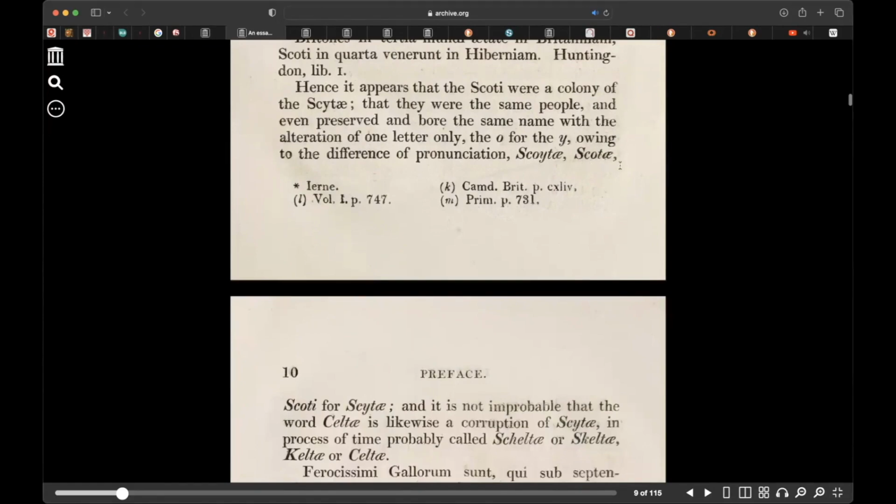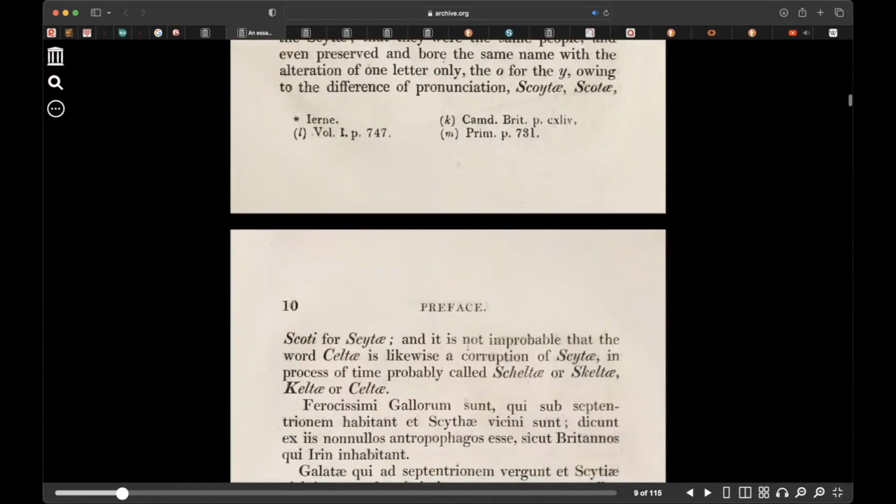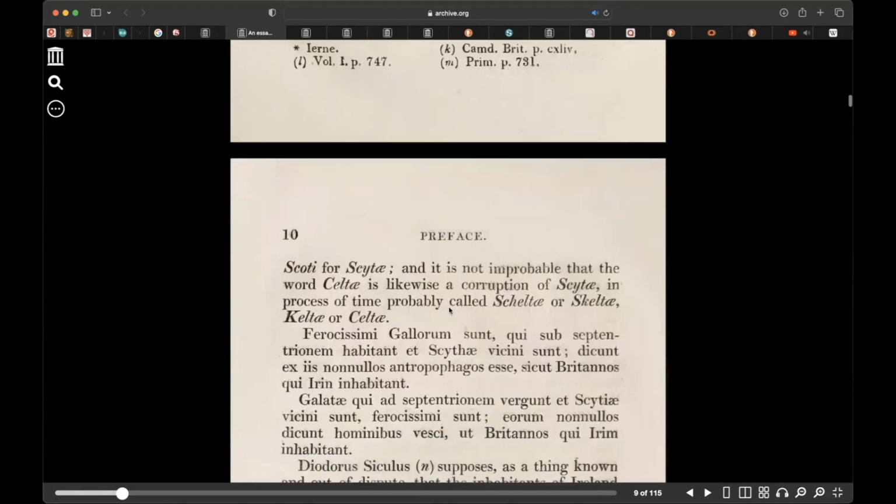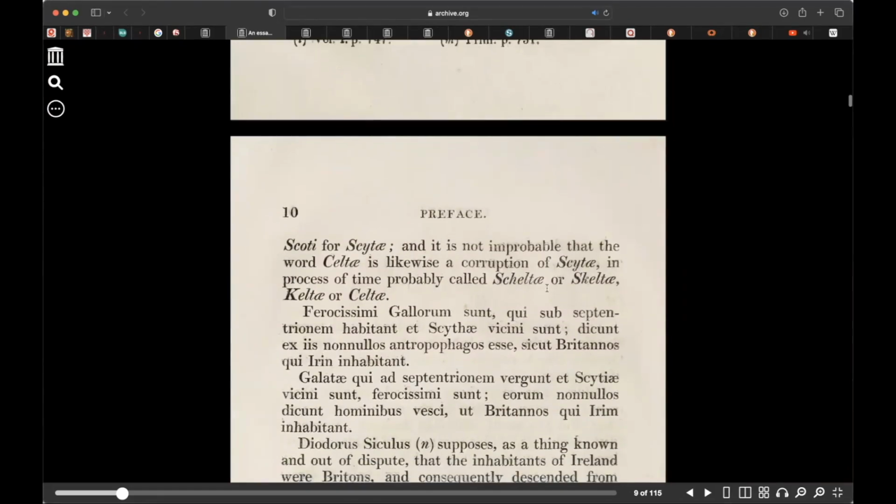Scoietai, Scote, Scoti, Skitai. It is not improbable that the word Celte is likewise a corruption of Skite. All right, they're saying the word Celtes comes from the Scoti, sons of Isaac. In process of time, probably called Skelte or Skelti, Skelte, Kelti or Celti.